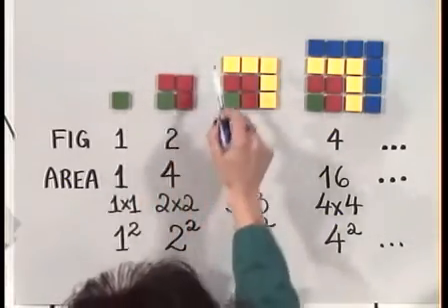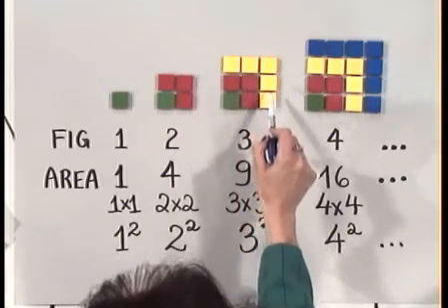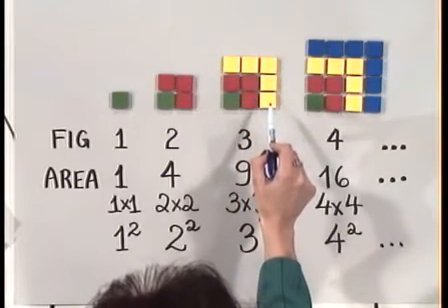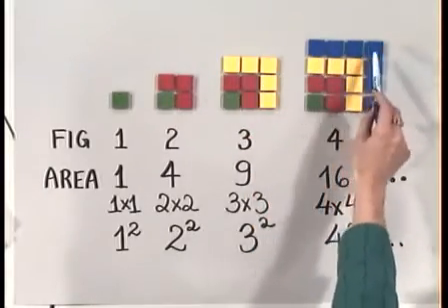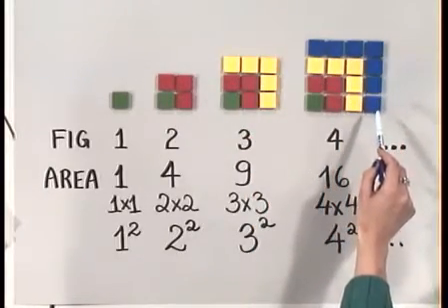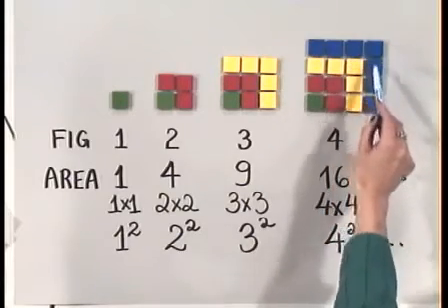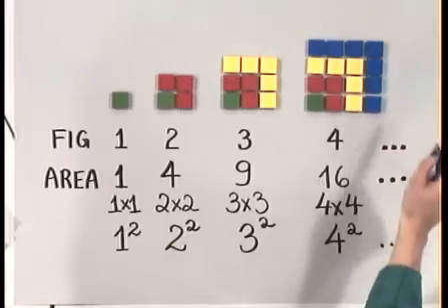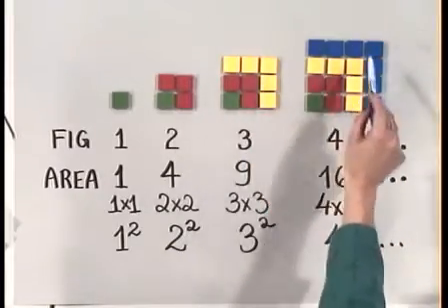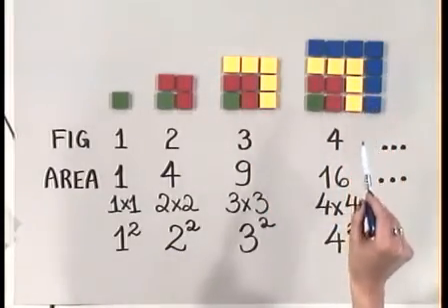When I go from 4 to 9, I add plus 5. Those are the yellow tiles. When I go from 9 to 16, I add 7, sorry, this is 7. And then when I go from 16 to 25, I would add 9. So each time I wrap around a new odd number.